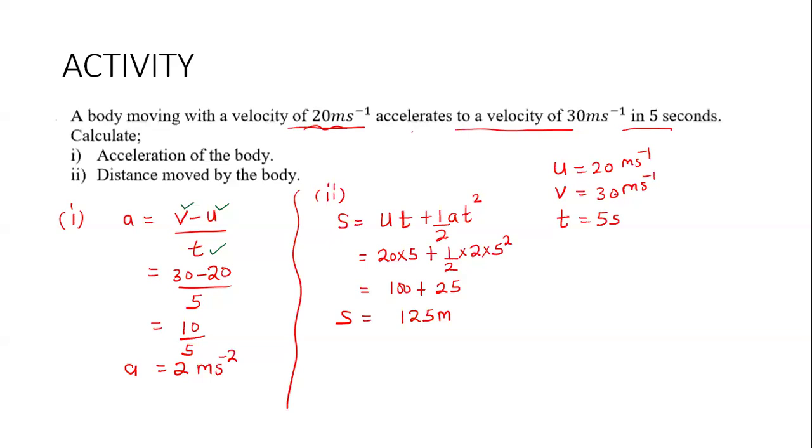Is there anyone who wants to use the third one to get the same answer? Any that wants to take us through using the third equation? Bella, do you want to take us through using the third one?